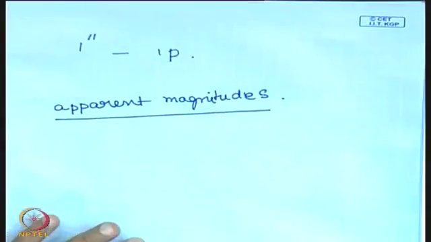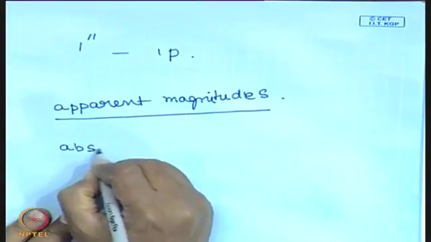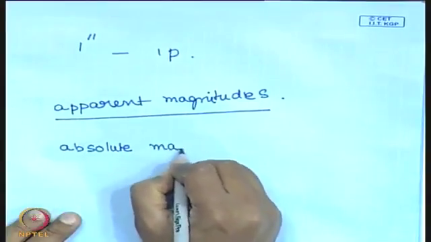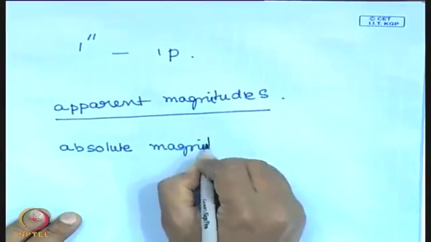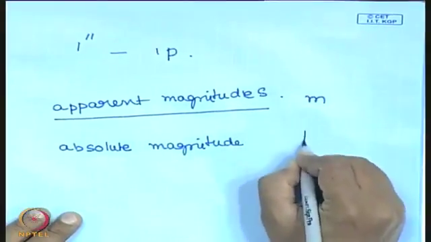Apparent magnitude is log of the flux, and since the distance is known, you can determine the absolute magnitude. So the apparent magnitude is m and the absolute magnitude is capital M.